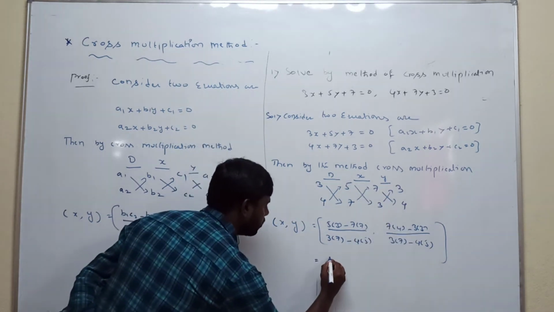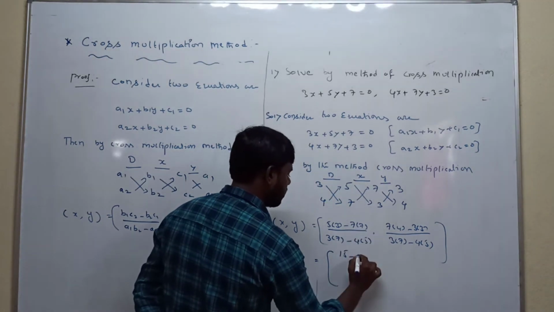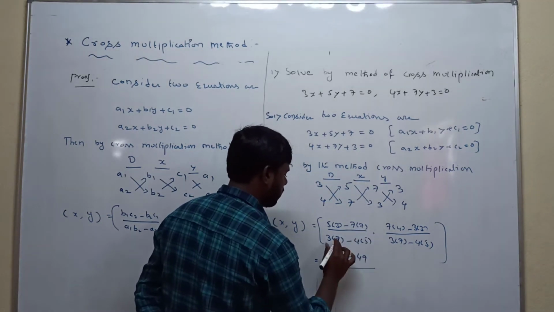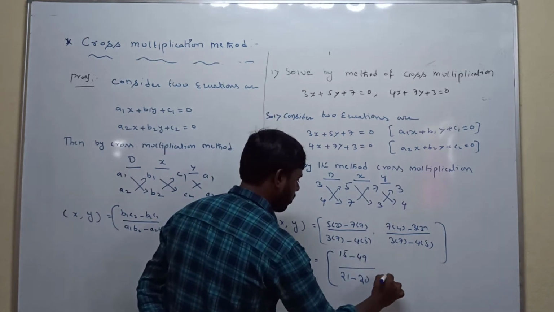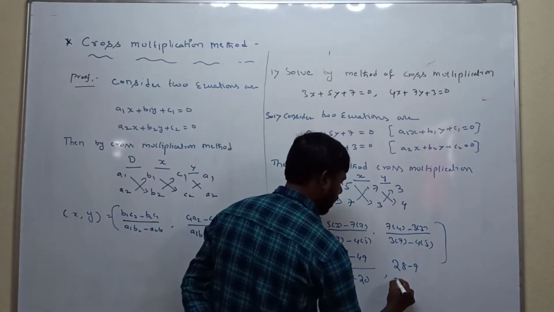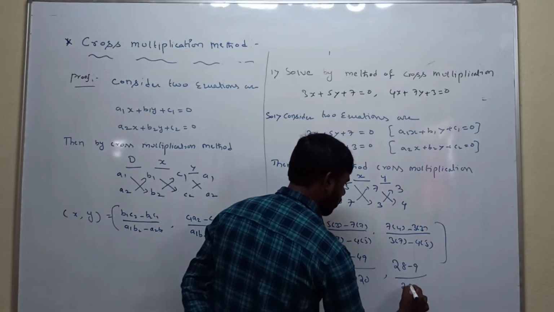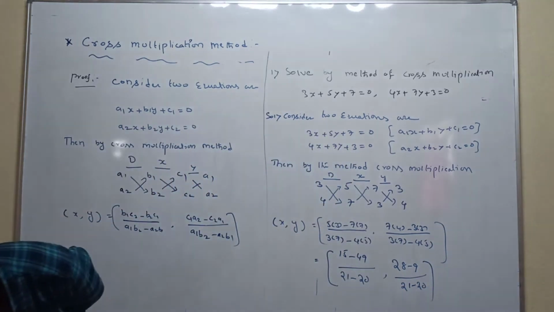So now simplify. 5 3s are 15 minus 7 7s are 49; 7 3s are 21 minus 4 5s are 20. Next 7 4s are 28 minus 3 3s are 9; 3 7s are 21 minus 4 5s are 20. So next you have to simplify.